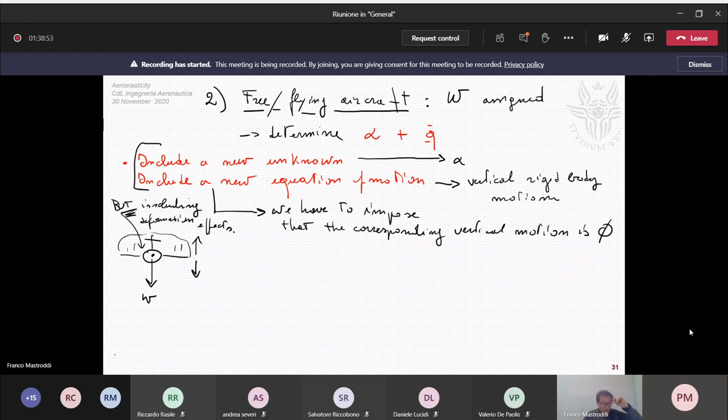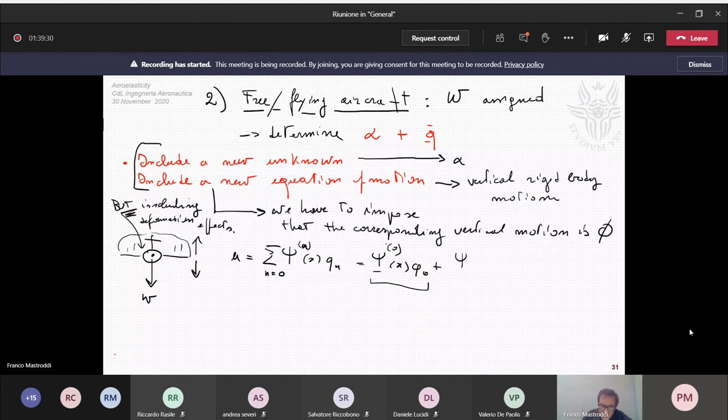So we include in our motion decomposition a zero modal shape, so for n going from 0, so we have psi 0 q0 plus the other, and this 0 is the rigid body motion.